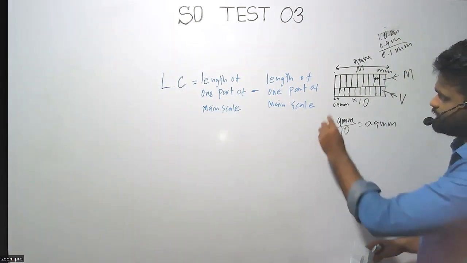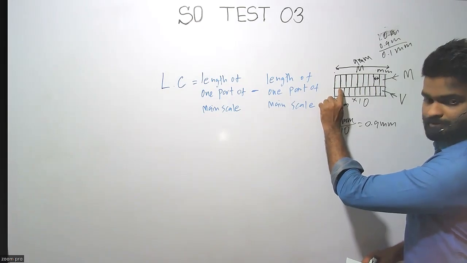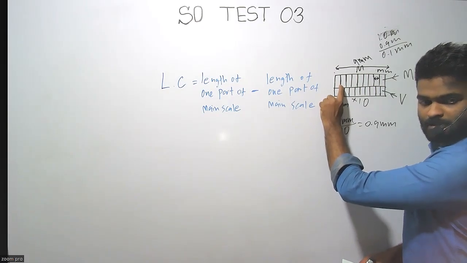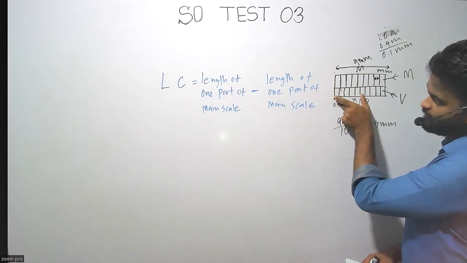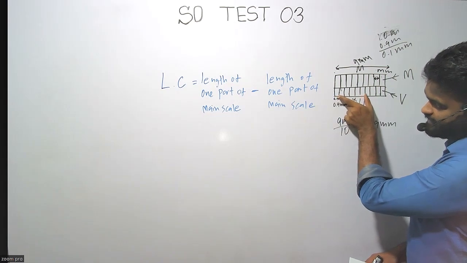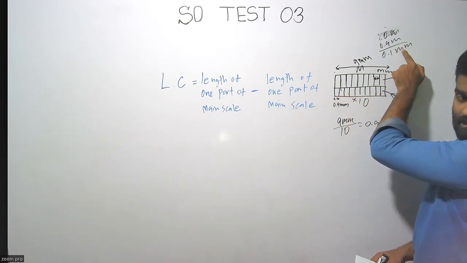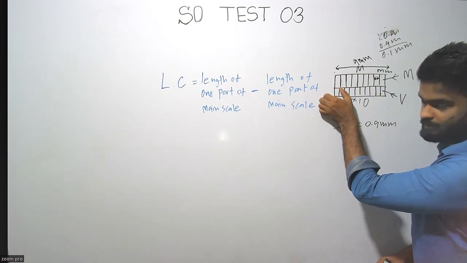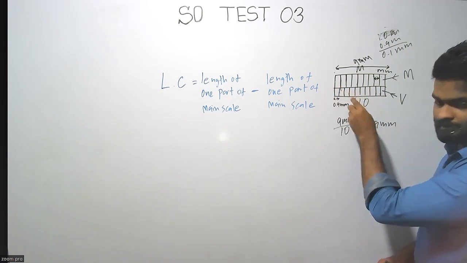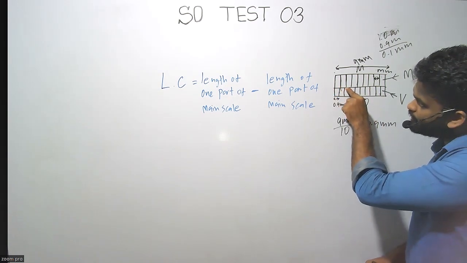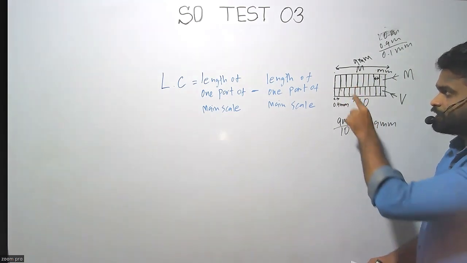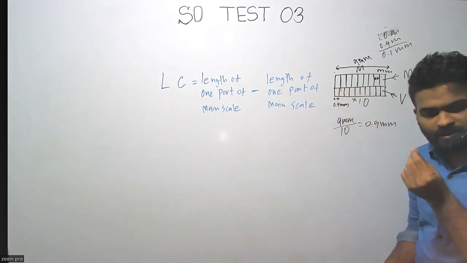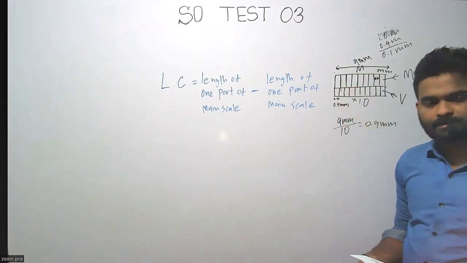Do you realize, in order to coincide this first mark, you need to move this vernier scale 0.1 millimeter. Then this part would coincide. Likewise, there will be 0.2 parts here. So that small movement is the least count in the vernier scale, right?